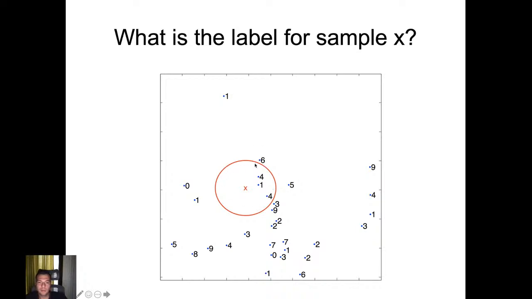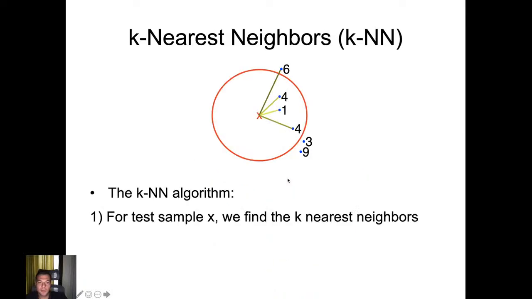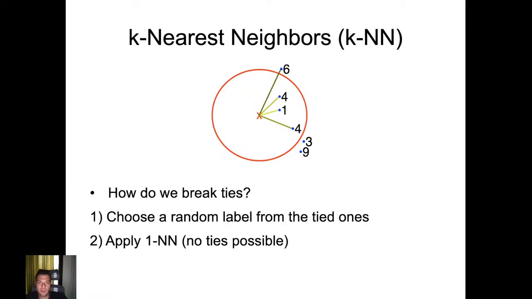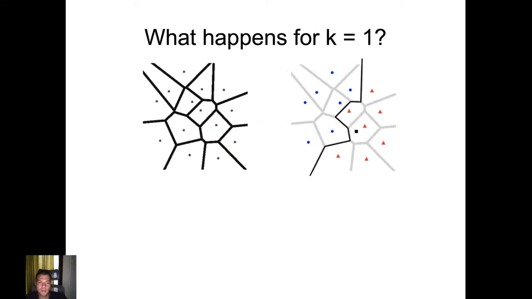If you try to build all these boundaries, which are the median lines between every pair of points, you will see that the one nearest neighbor model actually generates a Voronoi diagram over the feature space. So each cell will have a different label.